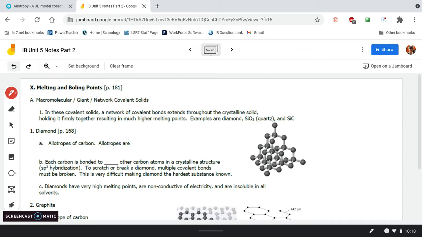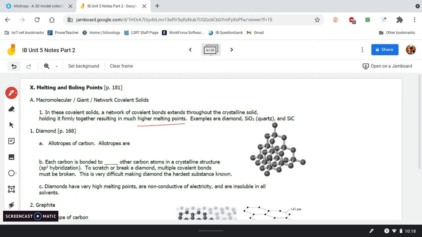When you have these very complicated combinations of nonmetals, they are either called macromolecular, giant, or I usually use network covalent solids. These are all where you take a nonmetal and you make a really, really hard substance that has a really high melting point. So quartz is another example.